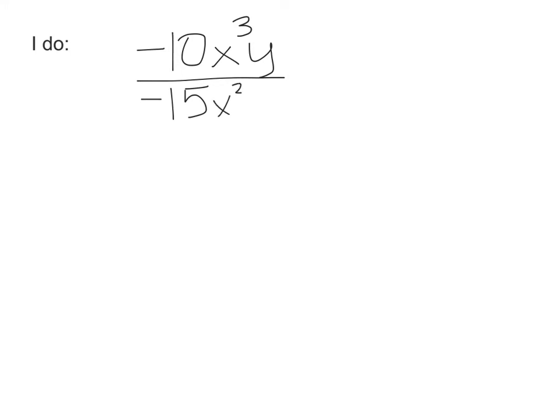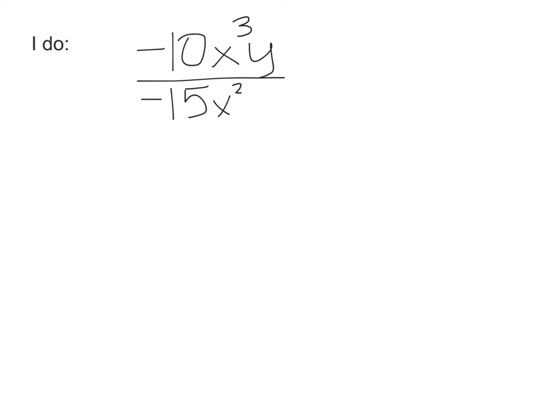Alright, so let's have another example for an I do, and I have negative 10x cubed times y all over negative 15x squared. So once again, I have powers, so I'm going to want to expand.